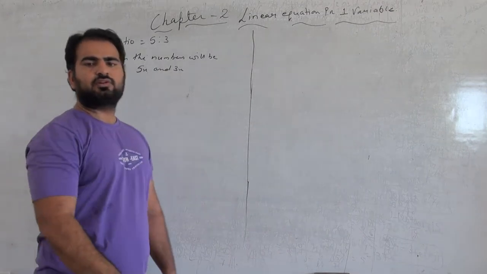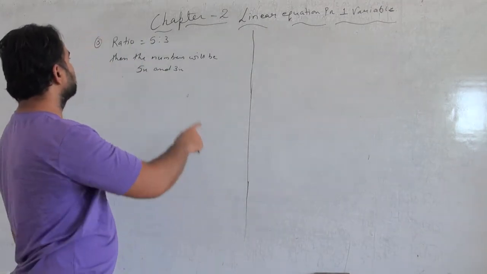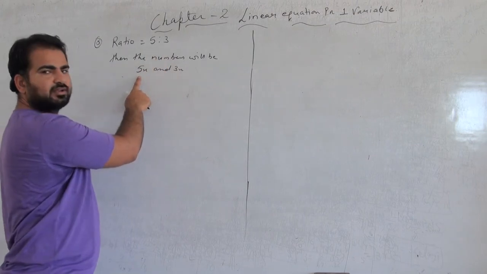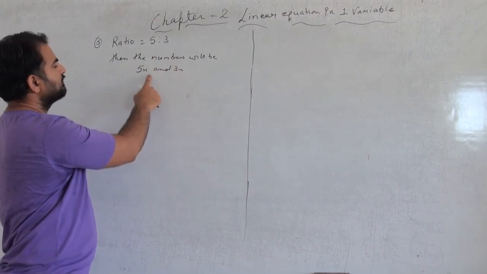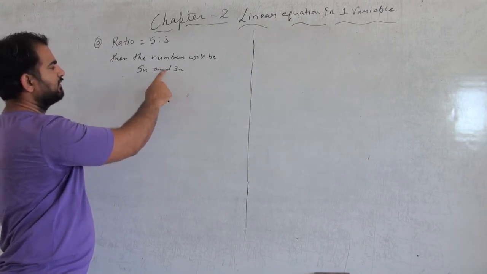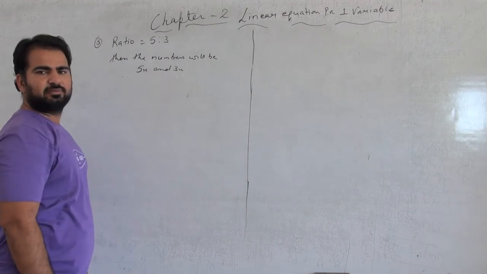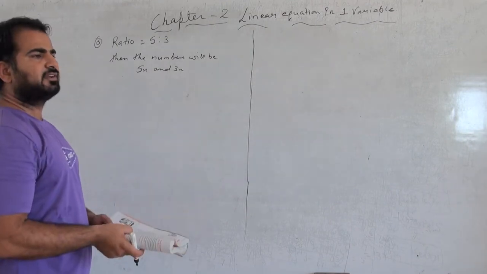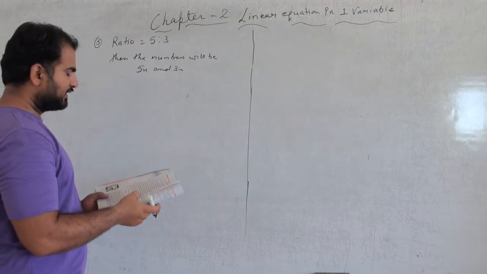So what you have to do, when the ratio is given, is make it into a number. Then just multiply both the numbers by the same variable. I have taken x as the variable. So these are the numbers 5x and 3x, and we are given that the difference is 18.